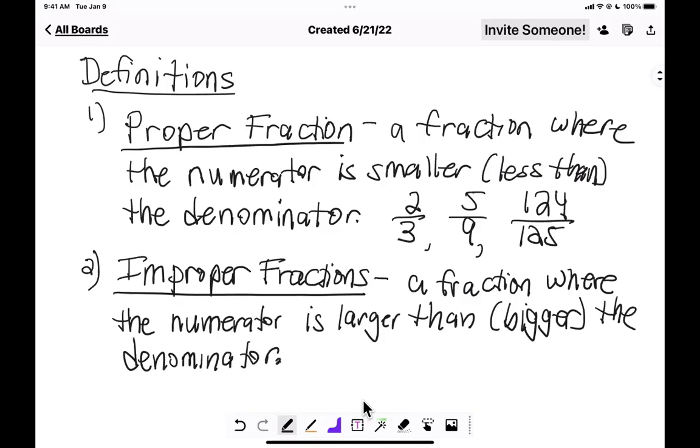So like 25 over 6 is an improper fraction. 142 over 67 is an improper fraction. Anything with a numerator bigger than the denominator. 14 over 13, all improper fractions. We don't like improper fractions. We try to simplify them. And we'll talk about that as part of my next word. How we simplify improper fractions.